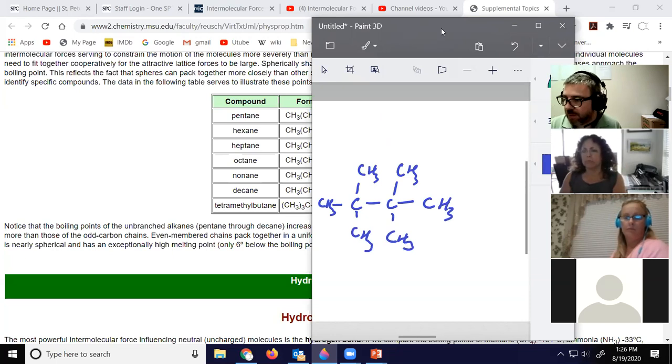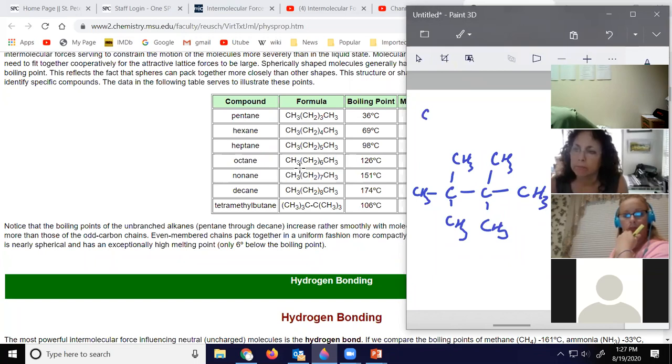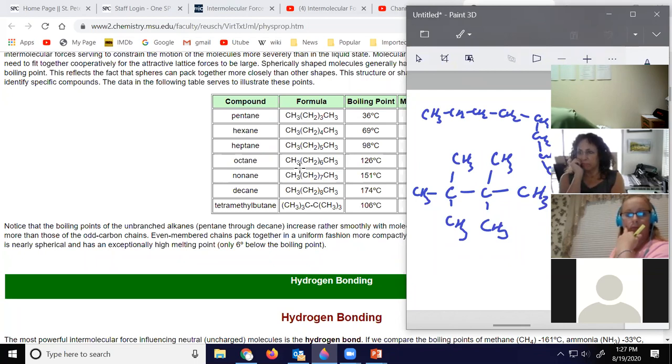It's branched because it's got those CH3 groups coming off. And look how many carbons there are. There's 8 total. Do you all see that? Compare it to octane, which also has 8. So this one is 126. That one is straight chain. That's 8 carbons in a row. 1, 2, 3, 4, 5, 6, 7, 8. Okay. That's 8 carbons in a row.